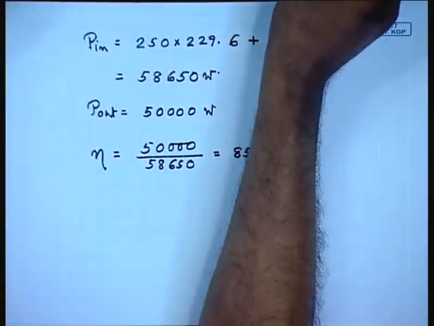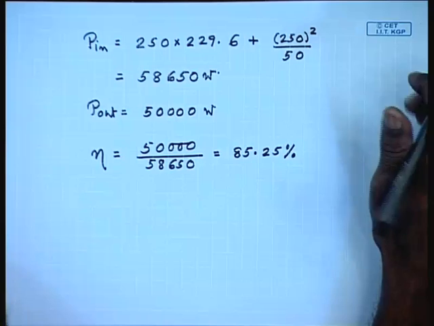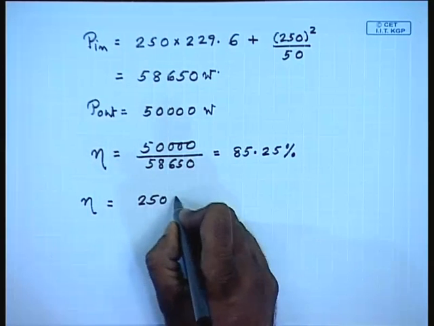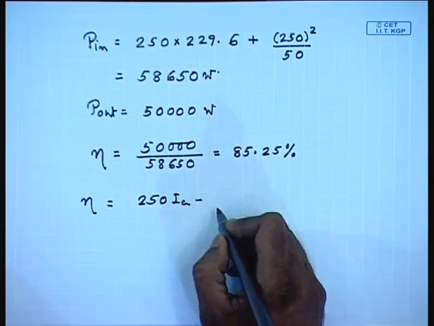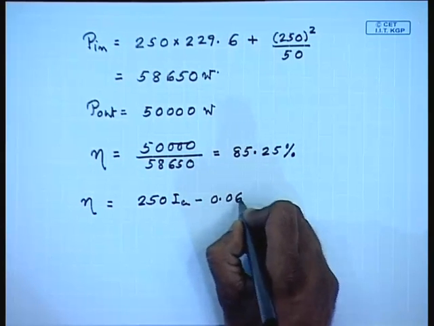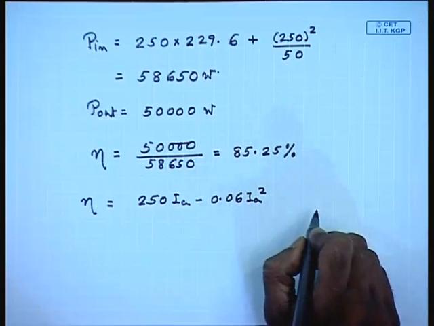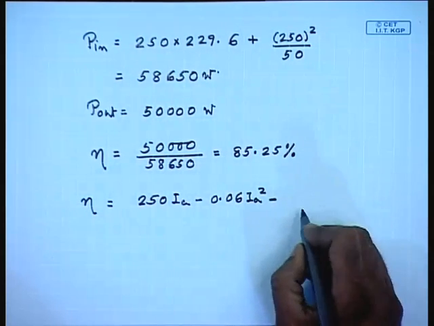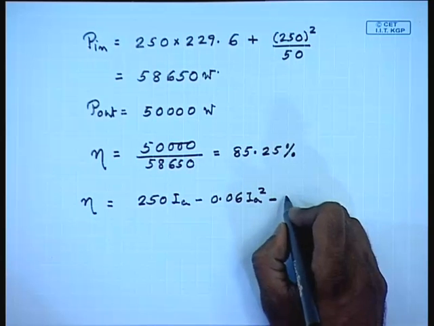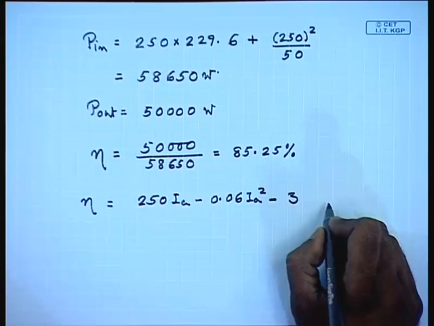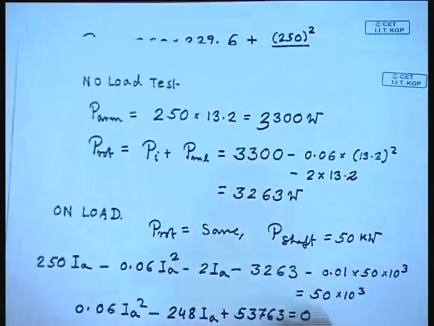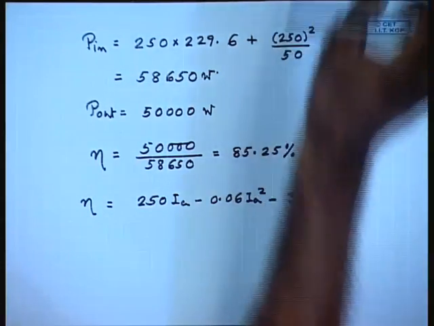Now, if we assume that the stray load loss remains more or less constant, then actually the expression for efficiency is given by the supply voltage into armature current, which is the input, minus 0.06 IA square minus the 53763, which is the rotational loss, plus 1% of stray load loss.